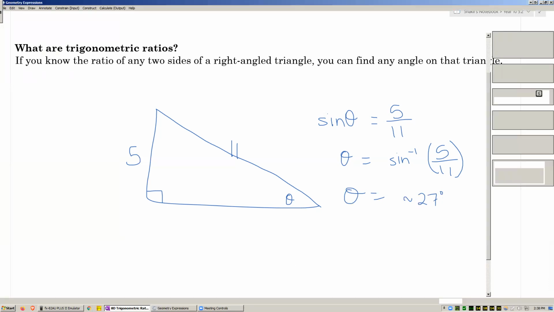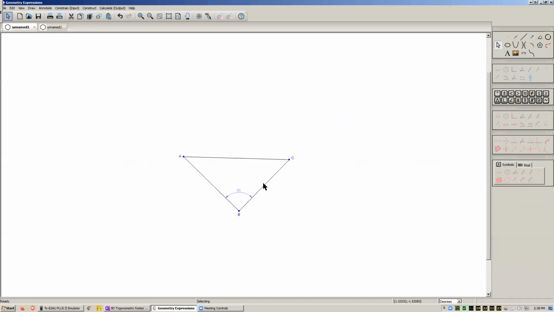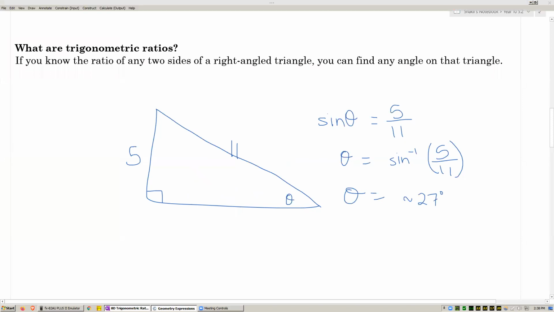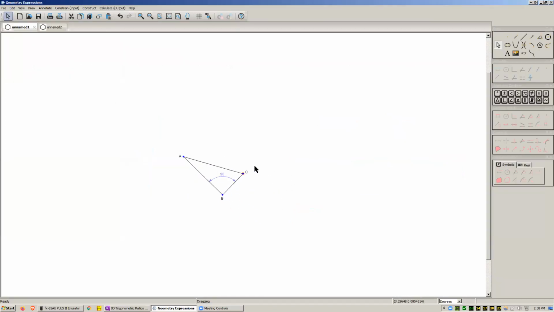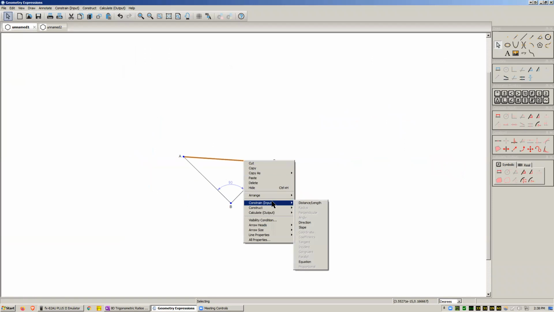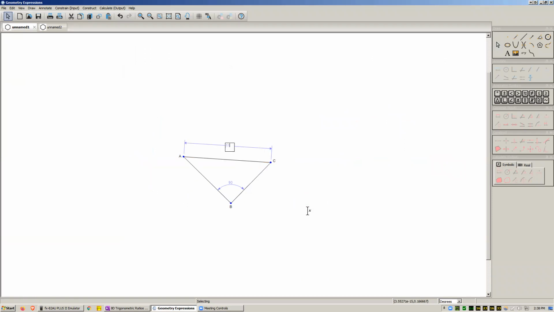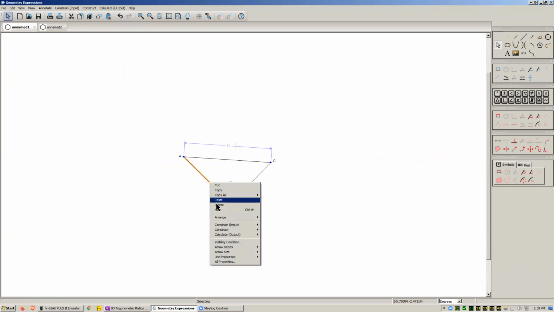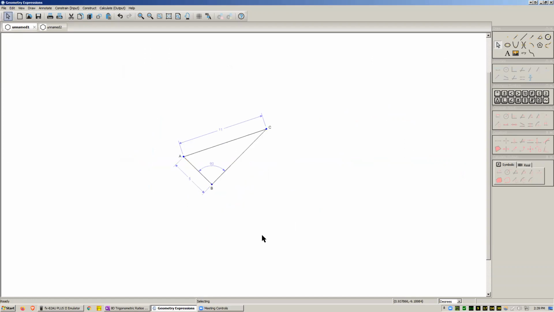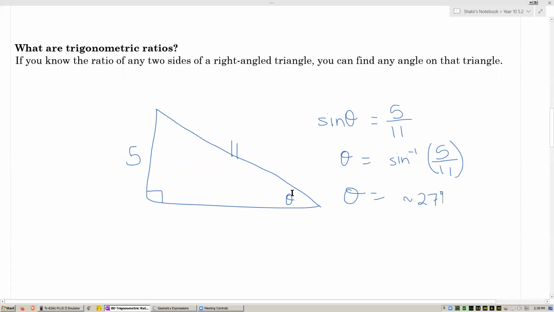So let's check. Let's go to a program and let's check. So we had 5 and 11. All right, let's give it a go. We said that the hypotenuse was 11. So let's lock that in. And I said this was 5. Let's lock that in. And then I had to find the angle opposite 5.